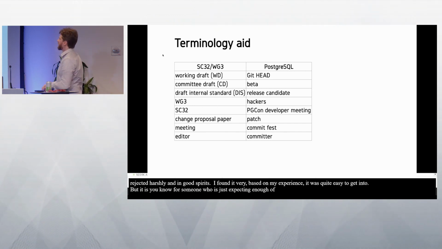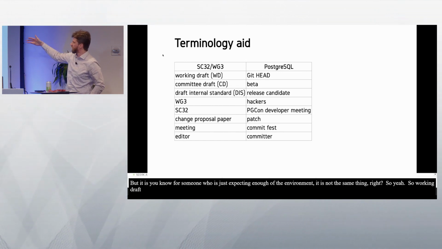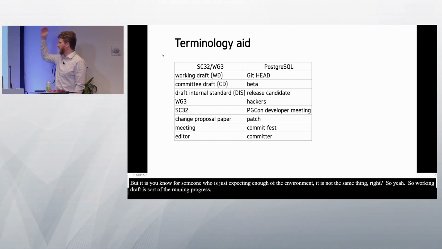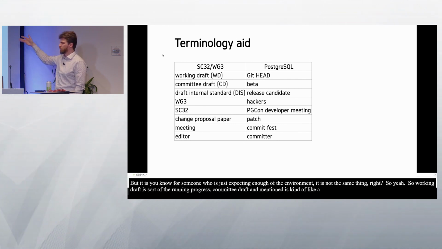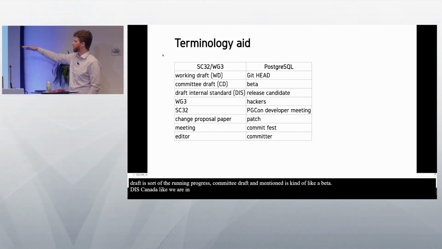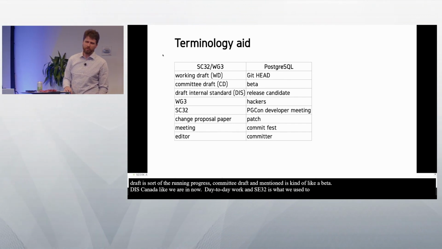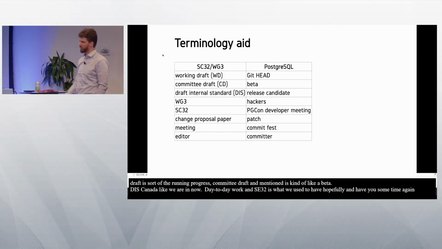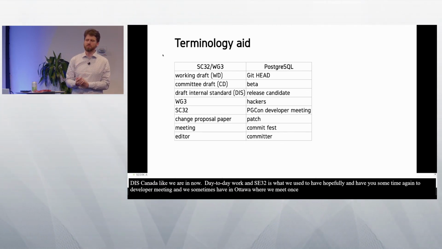So the working draft is the running progress. The committee draft, as I mentioned, is kind of like a beta. The DIS is the release candidate that we're in now. WG3 is the hacker list, the day-to-day work, and then SC32 is what we used to have, and hopefully will have again sometime, like the developer meeting that we sometimes had up in Ottawa, where we meet once a year and make process adjustments, perhaps.